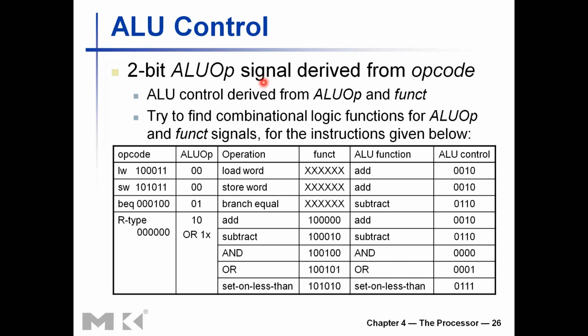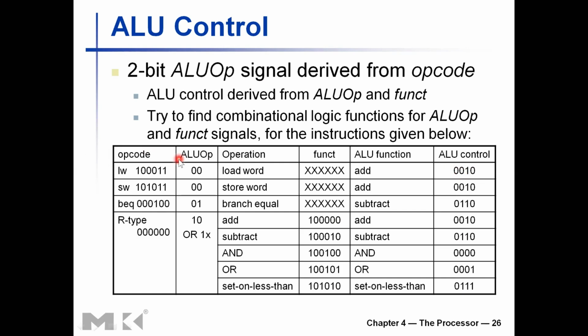The control unit's purpose at this stage is to control the ALU, to generate this 4-bit ALU control signal based on the incoming instruction's opcode and the funct field if appropriate. So the control unit should have some sort of combinational logic function, or a set of combinational logic functions, to derive these separate bits of the ALU control signal.